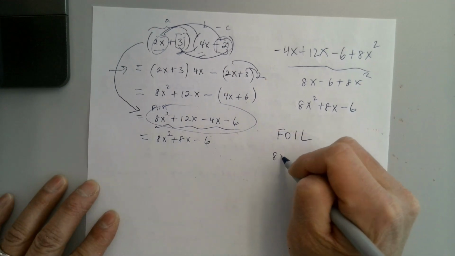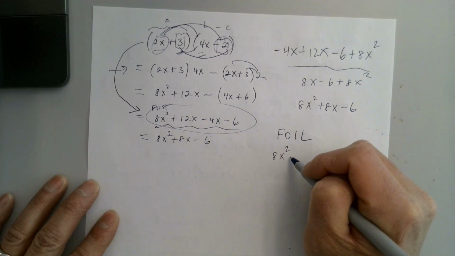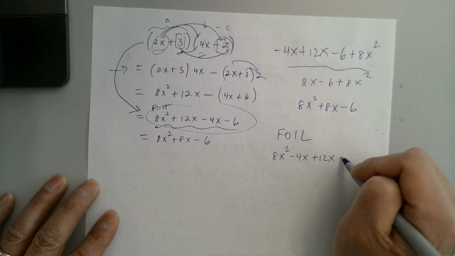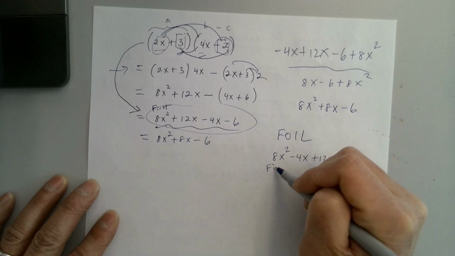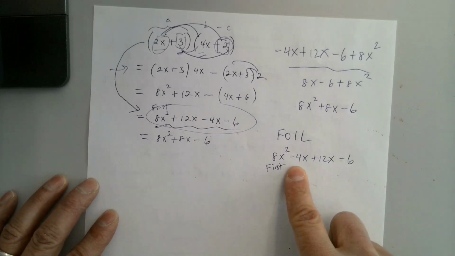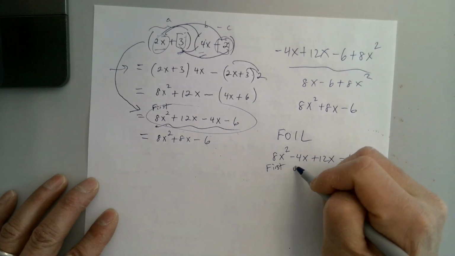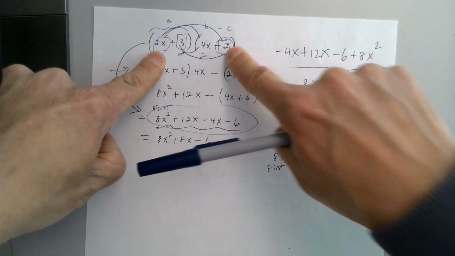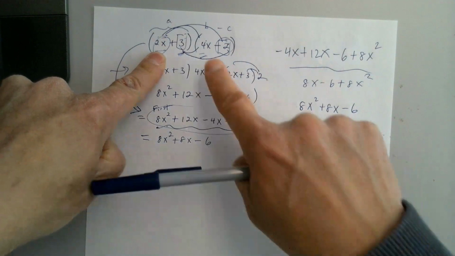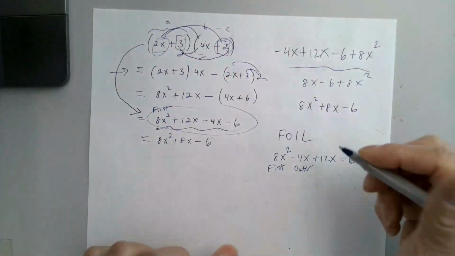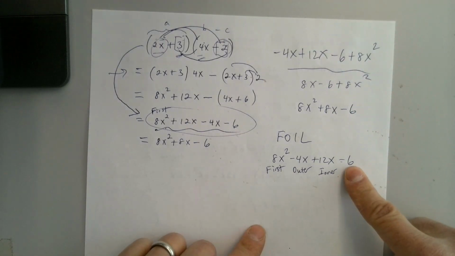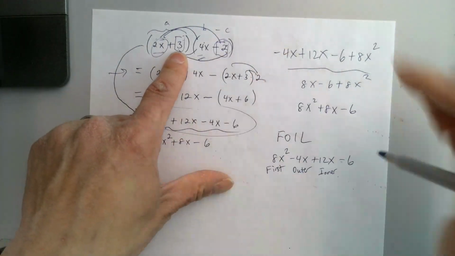Sorry, it would be FOIL if I put it in this order. So this is first, the product of the 2 first terms, minus 4x is the product of the outer terms, because it comes from these 2. 12x comes from these 2, so that's called the product of the inner terms, and then the minus 6 is the product of the last terms.